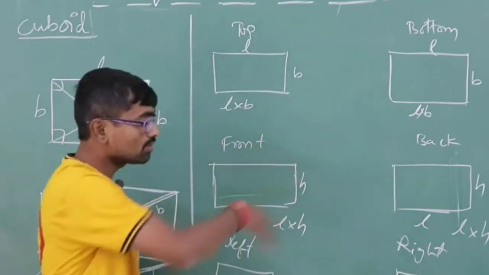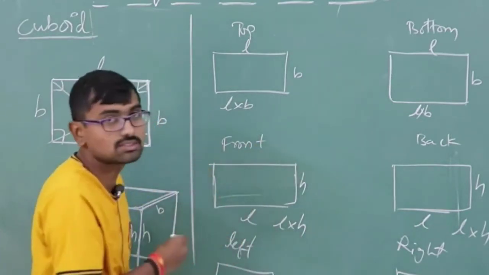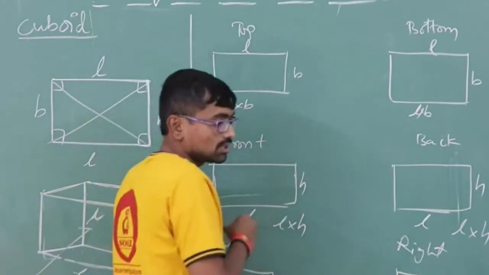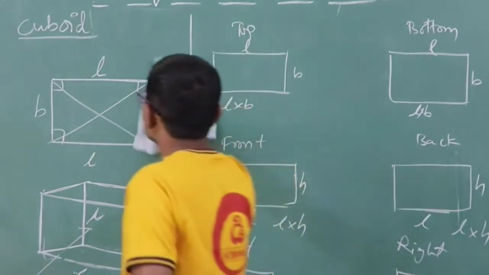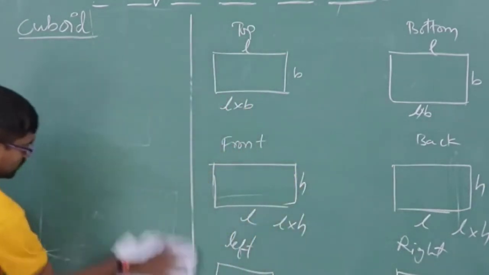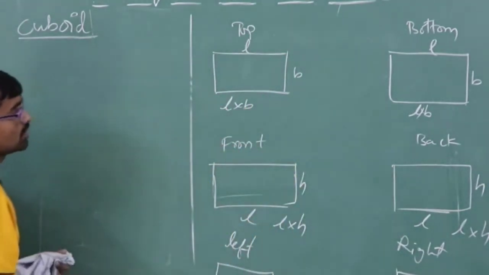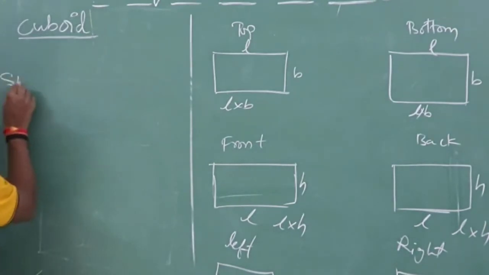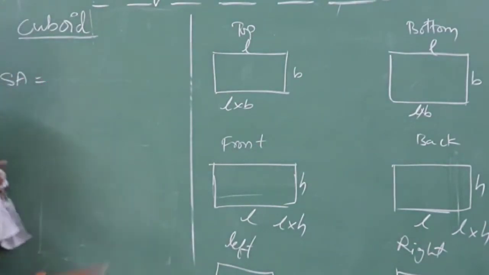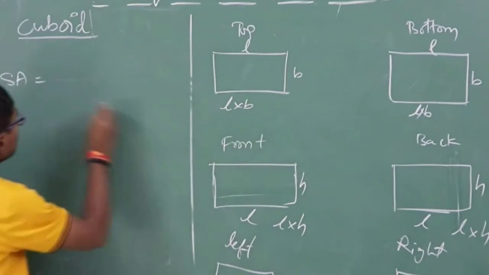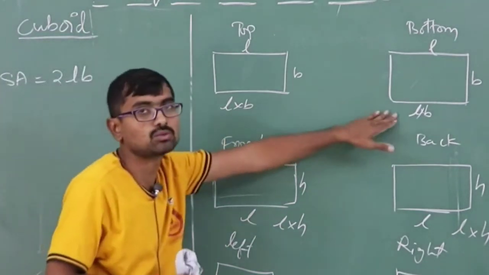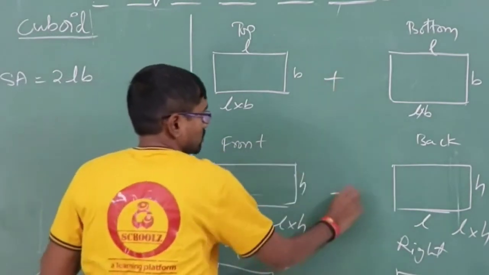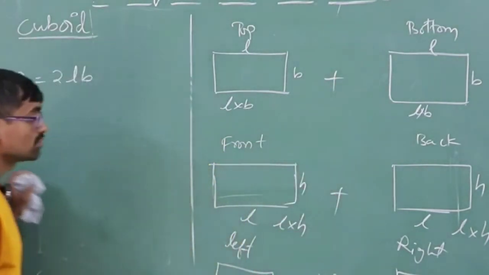So if I add all of these areas, then I will get the total surface area. So let me write here the total surface area. So what is the total surface area? Adding all these, LB plus LB, I'll get 2LB.